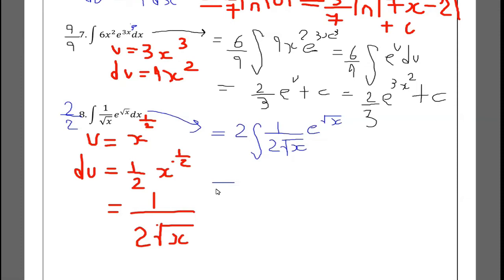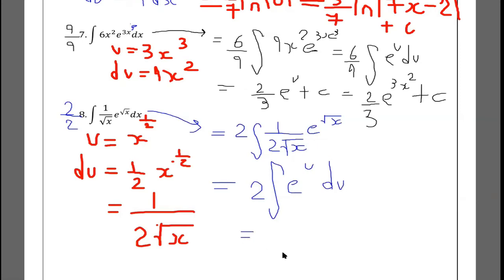Now root x, which is x to the half, is u, and 1 over 2 root x is du. So this becomes equal to 2 times the integral of e to the u du. Integrating e to the u, we just get back e to the u.